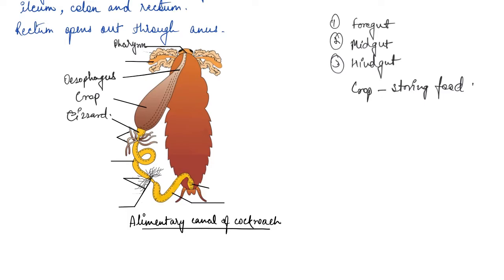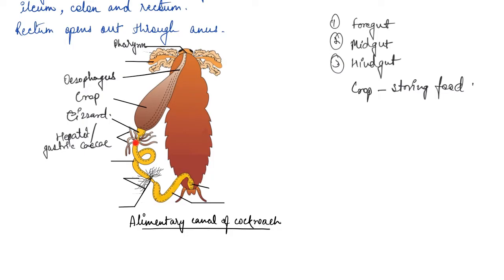Then you have a ring of 6 to 8 blind tubules, and these are known as hepatic or gastric caeca. This is present at the junction of foregut and midgut.